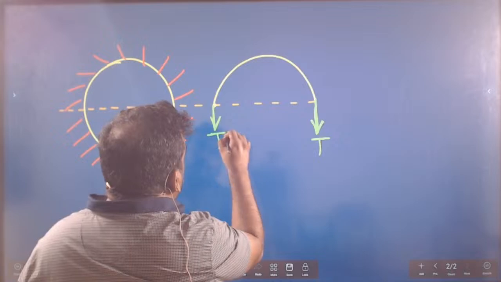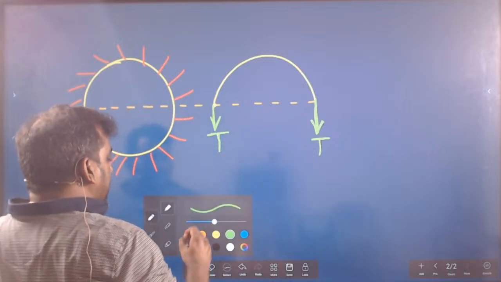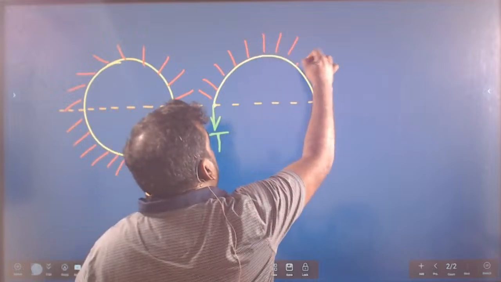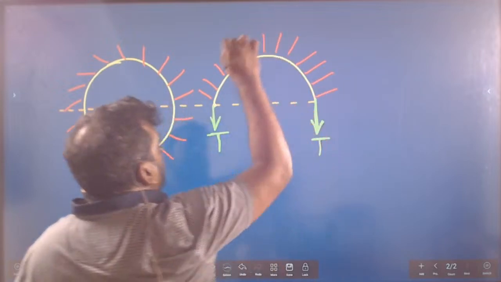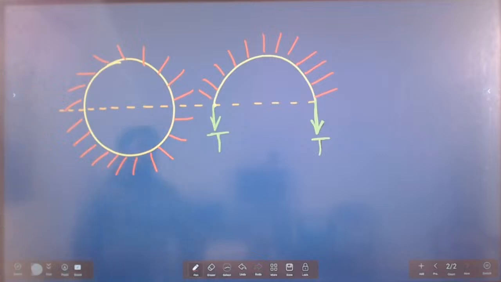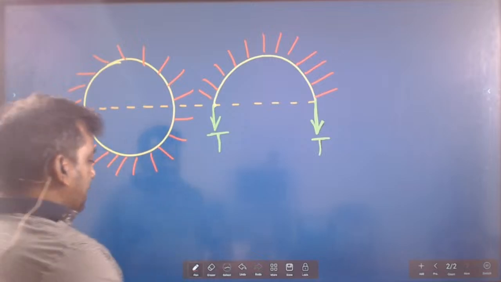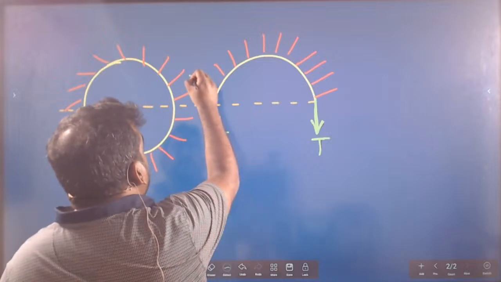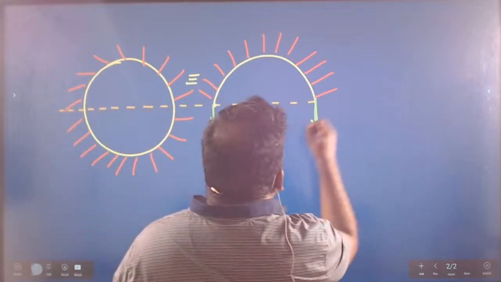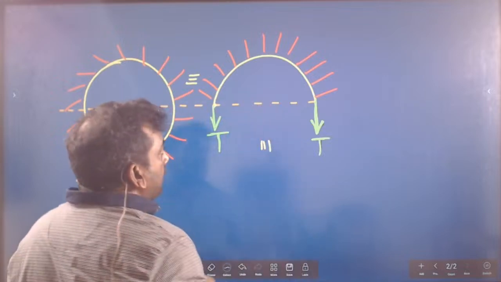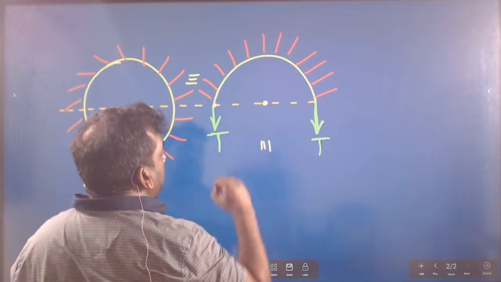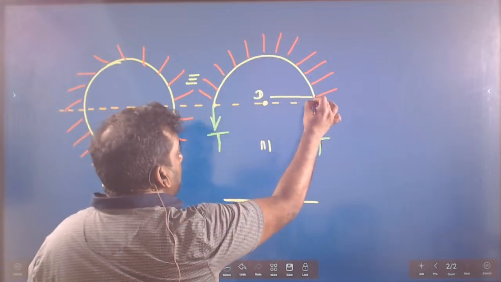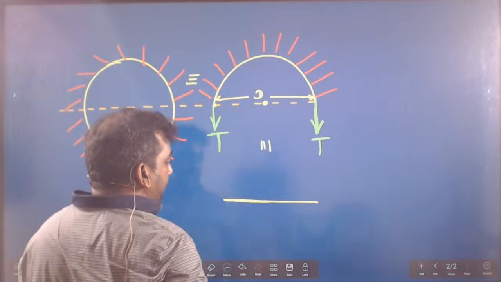There you go. Who is balancing this? The pull by surface tension in one direction. Look at the board. What we can say is, please understand this, it's a very simple concept. This is equivalent to a rod equal to the diameter.